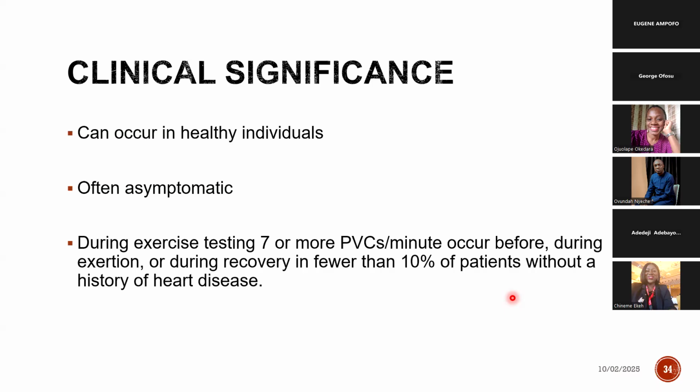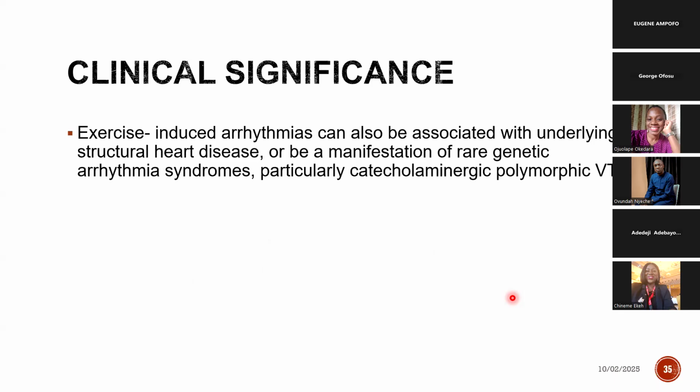During exercise testing, 7 or more PVCs per minute, either before or during exertion or during recovery, can occur in fewer than 10% of patients who have no history of heart disease.